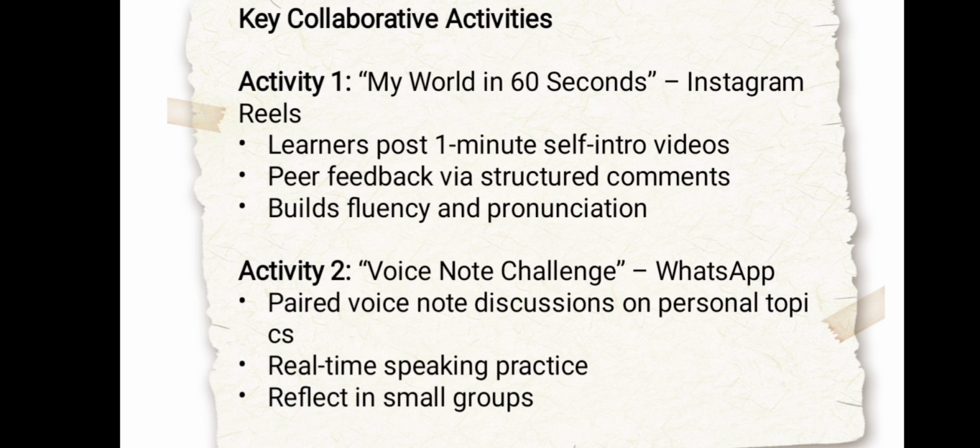Now let's move on to the collaborative activities. So the first activity is called My World in 60 Seconds through Instagram Reels. Learners post 1-minute self-intro videos, give peer feedback via structured comments, and build fluency and pronunciation.